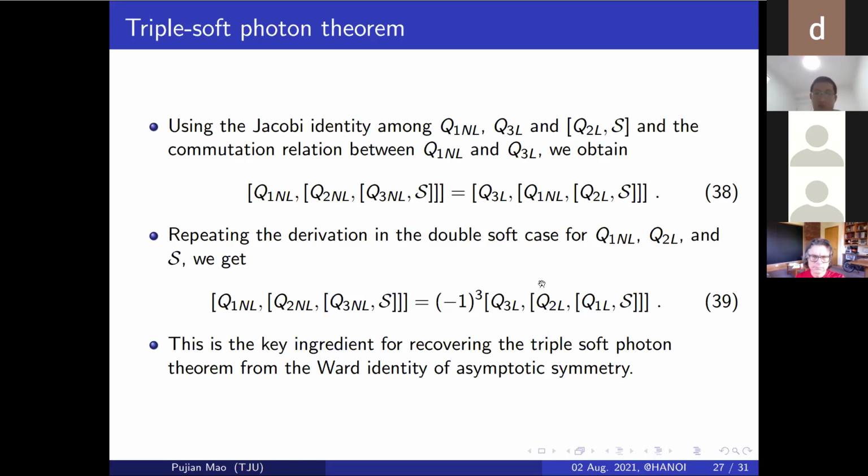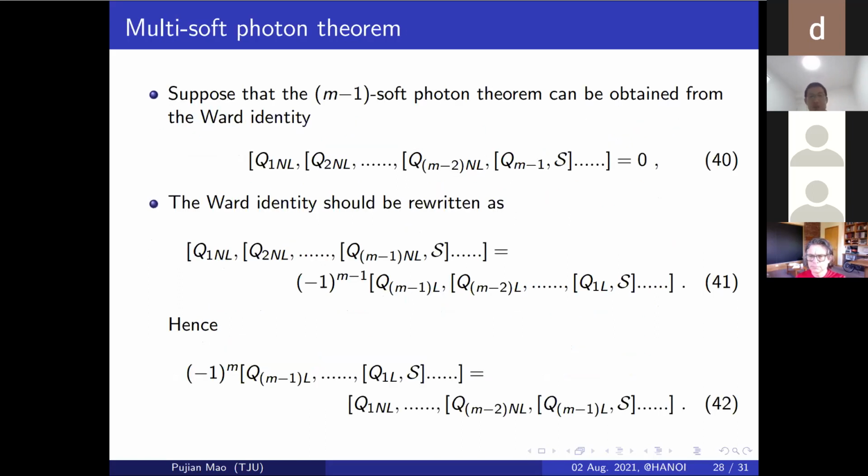And well, once we have 1, 2, and 3, and you somehow believe this should be working for any case, yes, indeed, it's true. And again, we use induction, and suppose that the n-1 soft photon theorem can be obtained from the Ward identity.